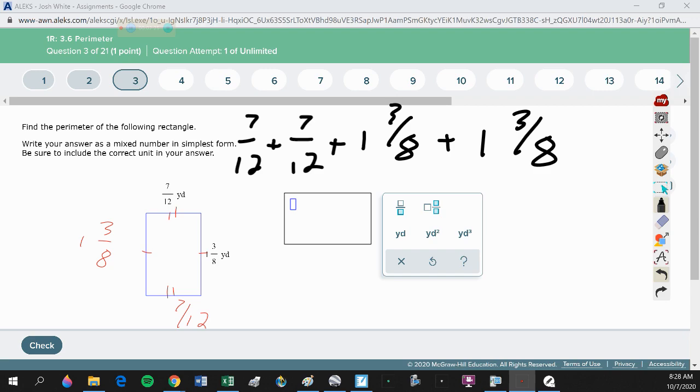How are we going to add those together? You need a common denominator. What is the smallest number that 8 and 12 both go into? 24. But we have to do something else first.